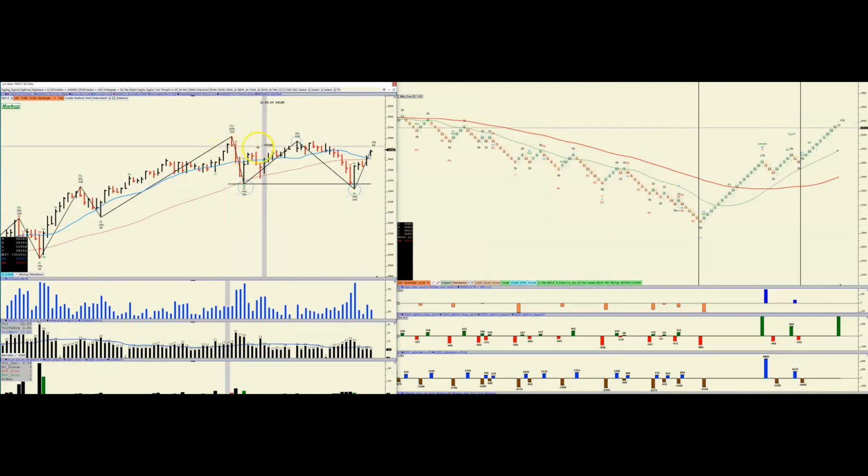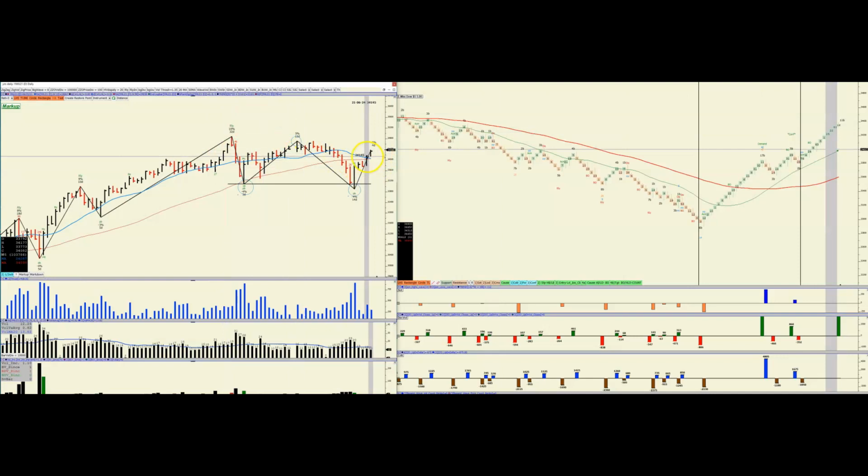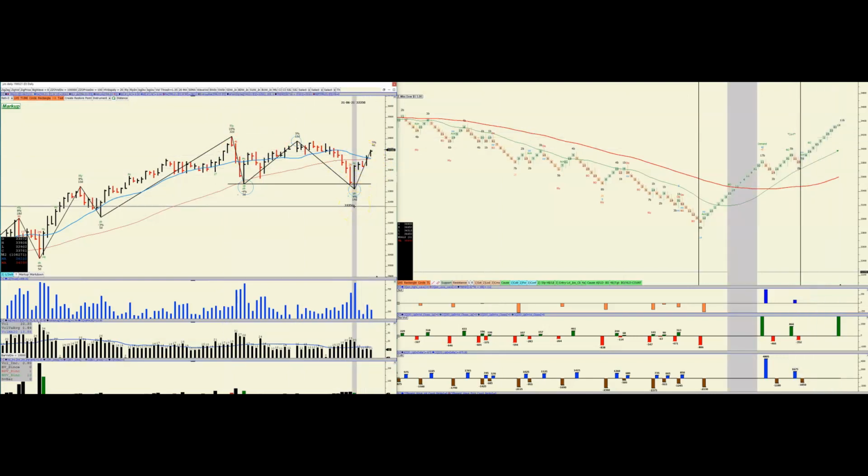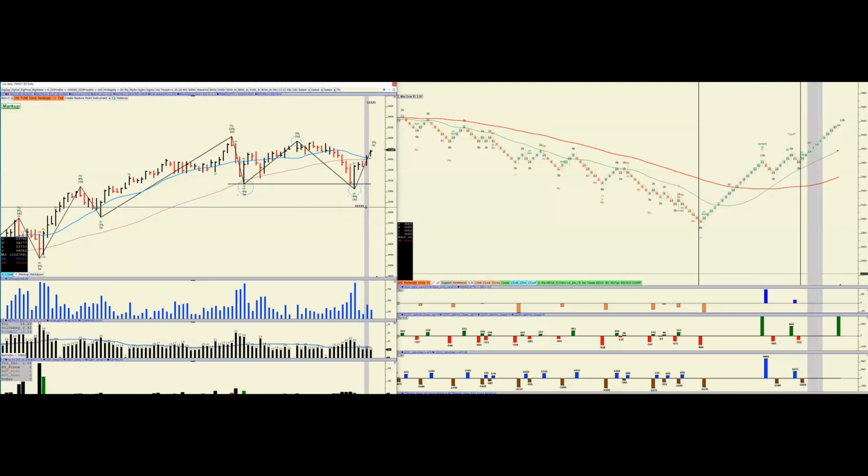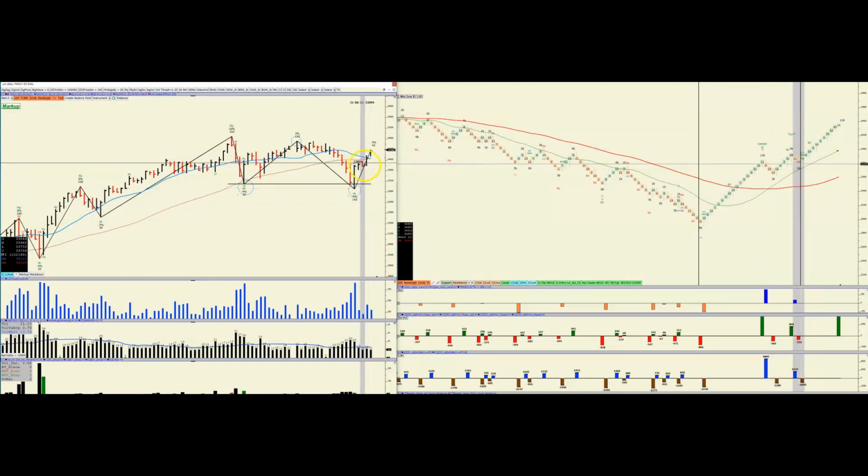It's at resistance now. The thrust, I think, may be shortening. I can't really tell. But the last pullback is very shallow, like it's only one bar. So that's not that good.